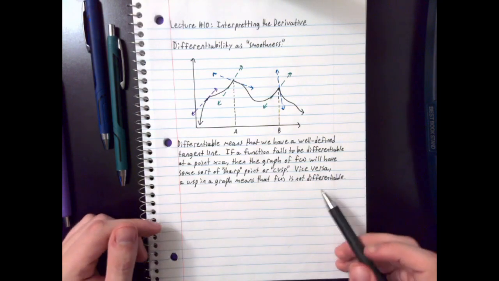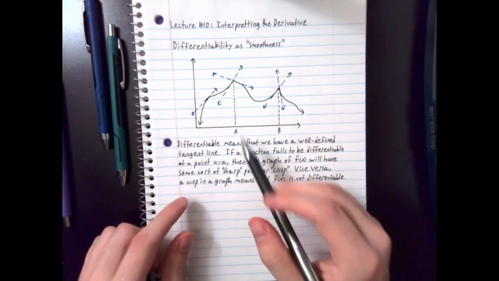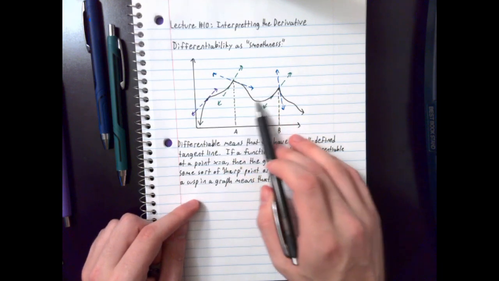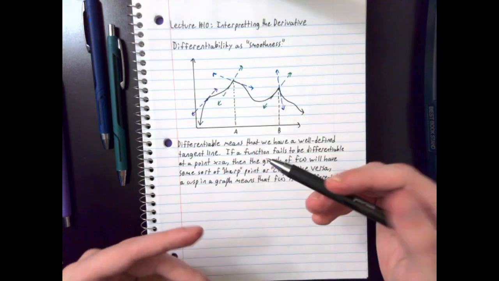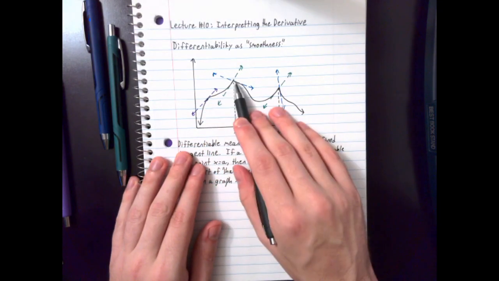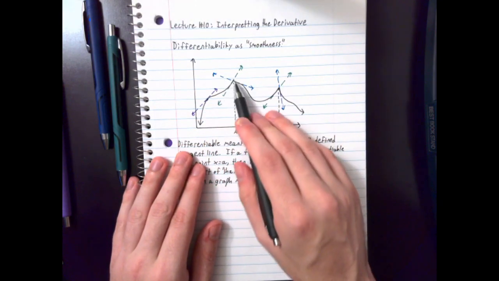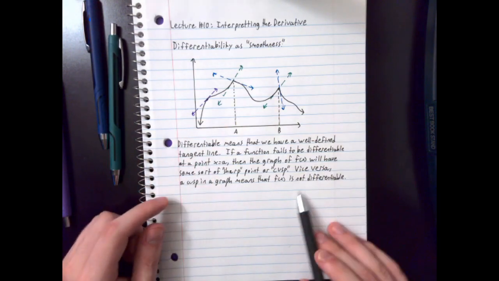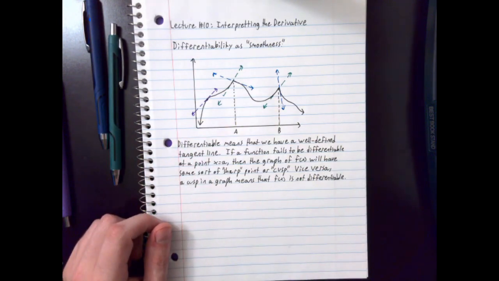And so this works both ways. If a function fails to be differentiable, a graph is going to exhibit some sort of strange behavior at that point, and vice versa. If a graph has some point where you have a cusp or a sharp edge like this, or even a discontinuity, then you're going to fail to be differentiable at that point.